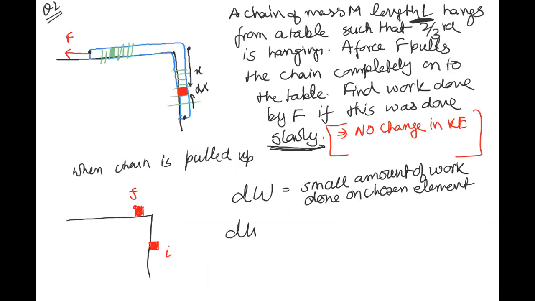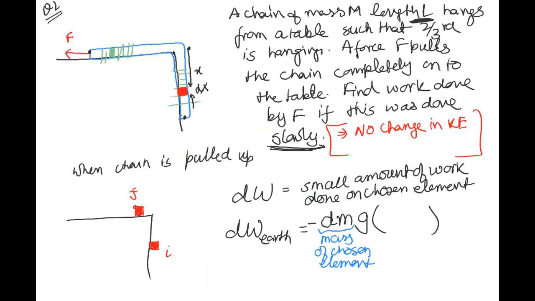So dW by earth is equal to dmg minus, where dm is the mass of the chosen element, into the vertical distance between initial and final points. This is easy. This is x.